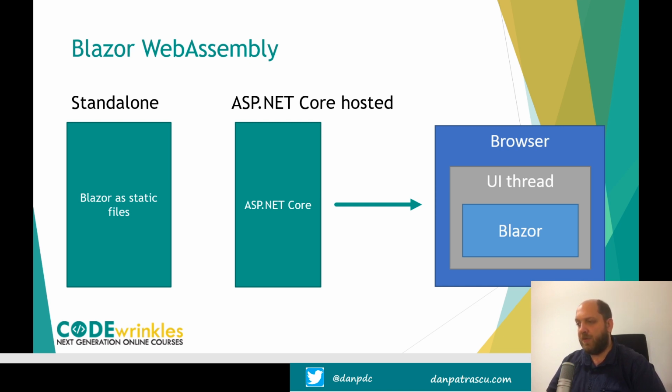The important thing here is that if you run Blazor standalone, so just the static files shipped in the browser, then you have some obvious limitations, because you cannot do things like server-side pre-rendering and other similar stuff that might be very useful for different types of scenarios. You would most probably also have problems with CORS, cross-origin resource sharing, since your Blazor application will run on a certain host.